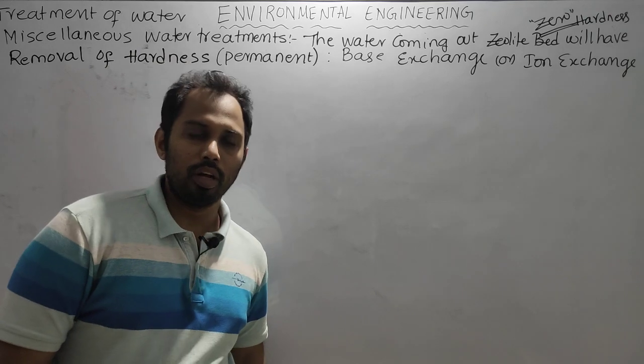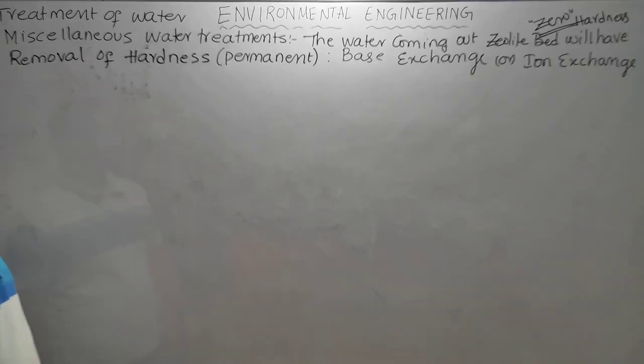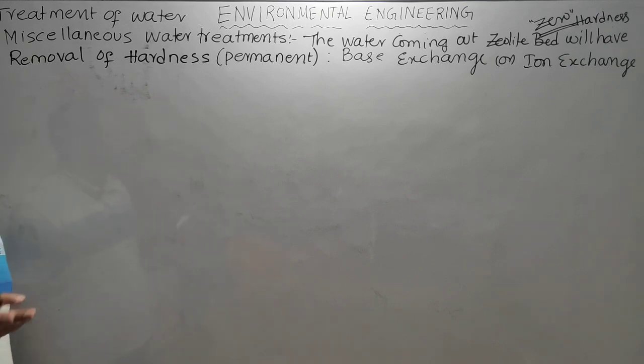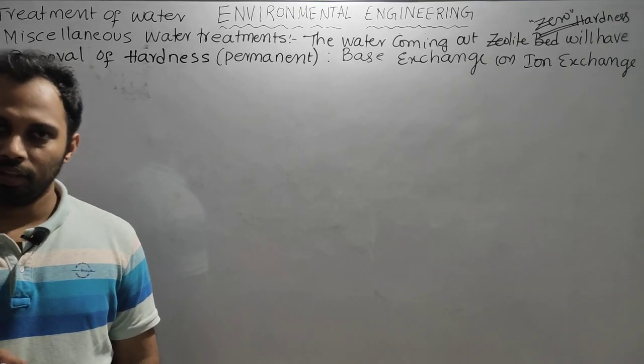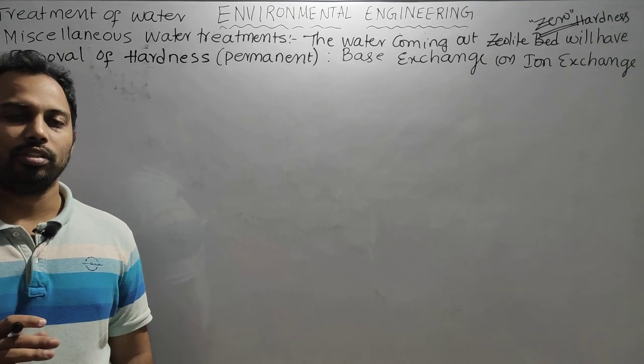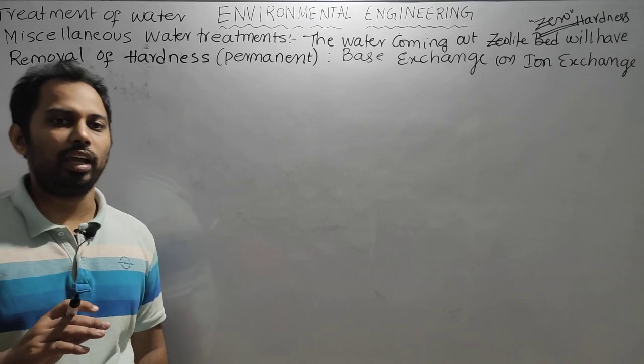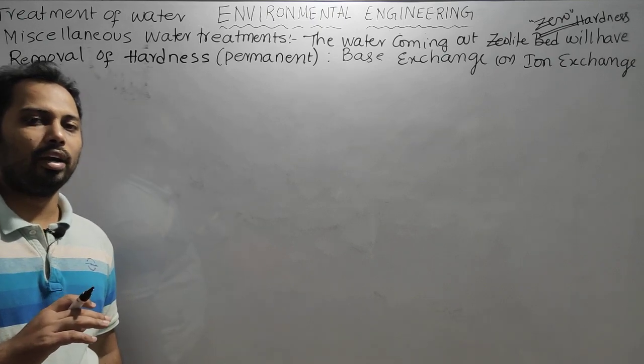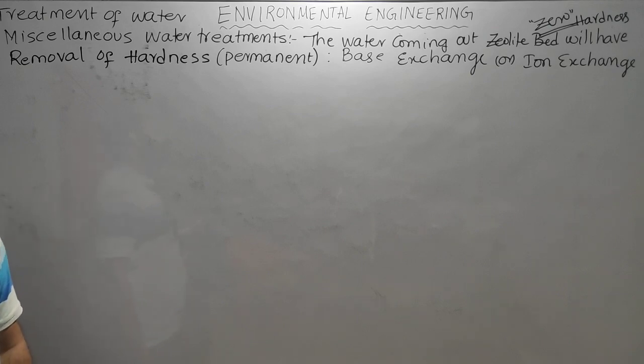If you are sending this water to boilers, hardness is very important, so in those cases we prefer zeolite. For drinking water, generally the lime soda method is enough, because 40 or 50 mg per liter of hardness is not a problem, as per IS 10500 up to 200 mg per liter of hardness is allowable for drinking water.